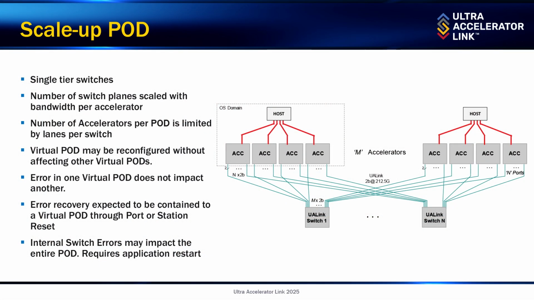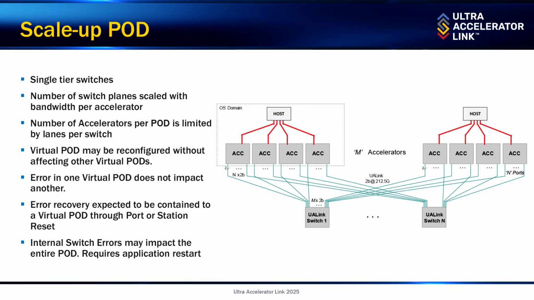Every port you add to an accelerator adds another switch to the system. So each switch connects to each accelerator, but only once. There's one path from a given accelerator to a given switch. That's just hardwired into the topology.